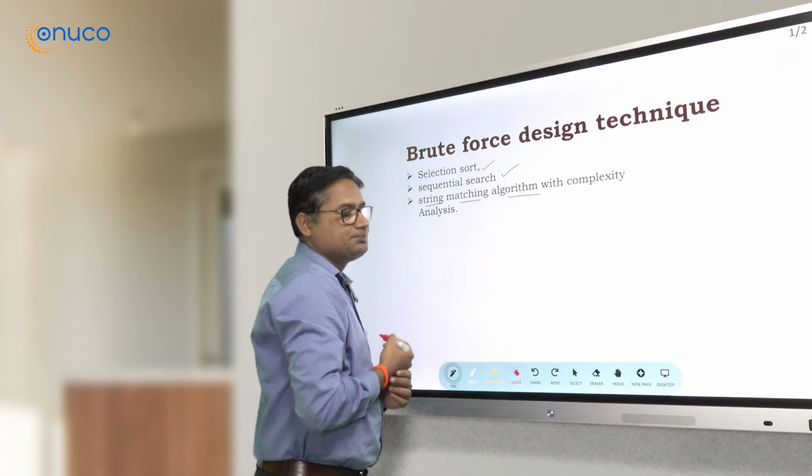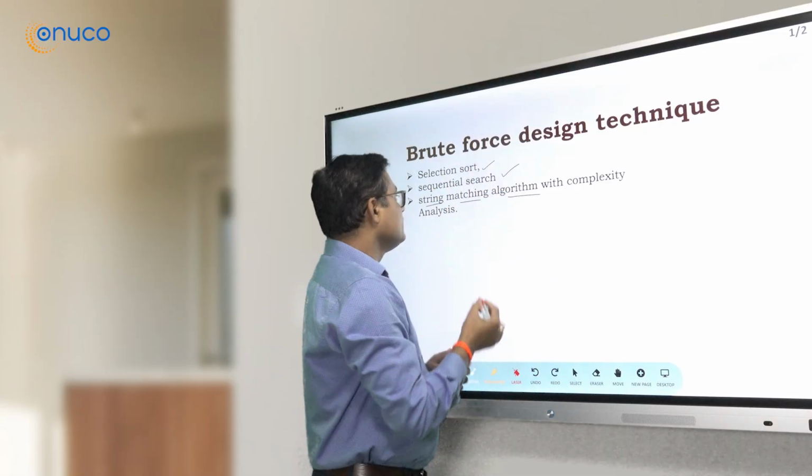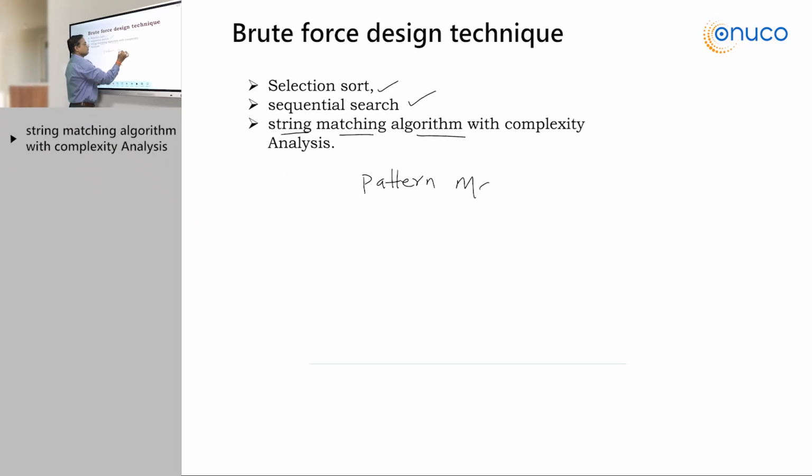with complexity. Remember that when you are saying string matching, some people also say pattern matching. What will happen in this?